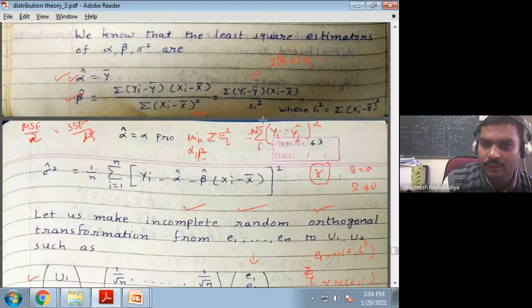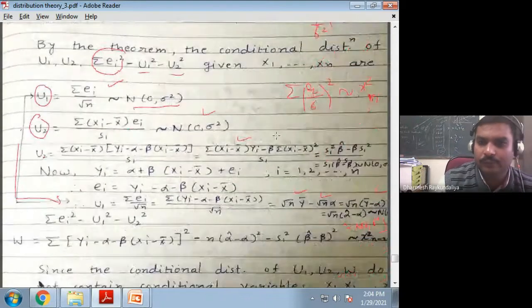If you multiply with x bar outside, the summation yi minus y bar is 0, so this is 0. So this entire term can also be written as this. This is nothing but beta cap. So you can say that the summation yi minus y bar into xi minus x bar is nothing but s1 square into beta cap. That is what they have used.